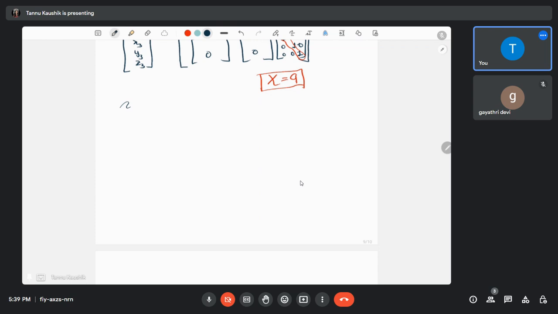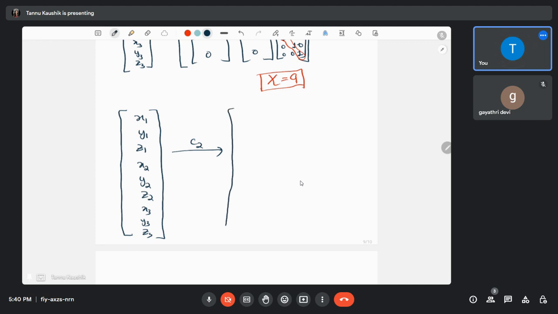And if we apply the C2 operation, y2, z2, x3, y3.